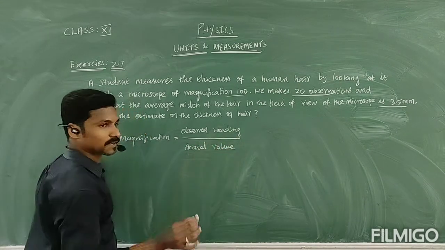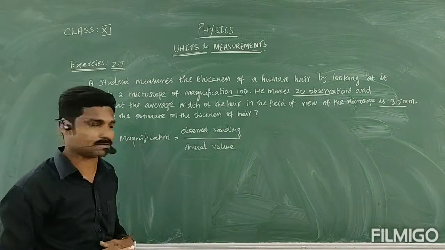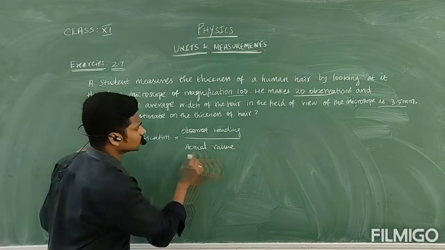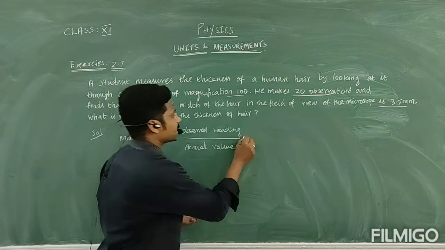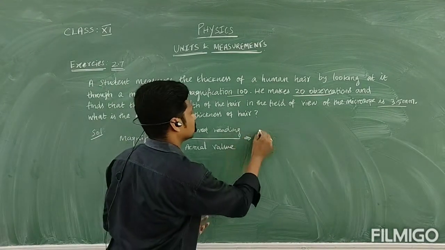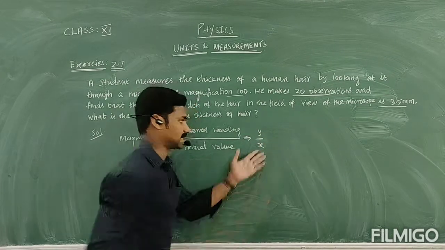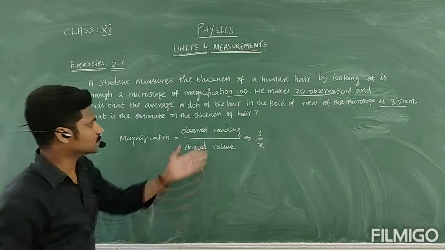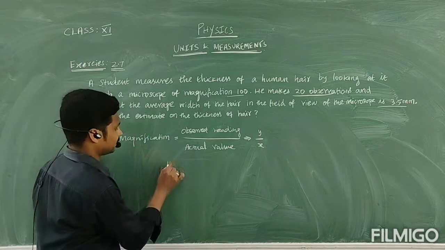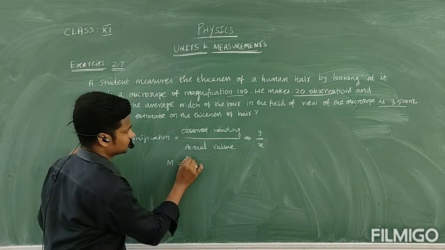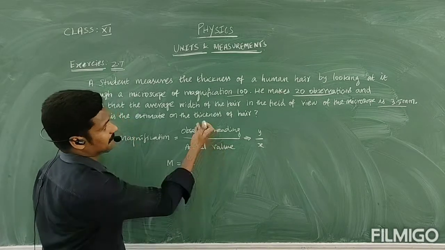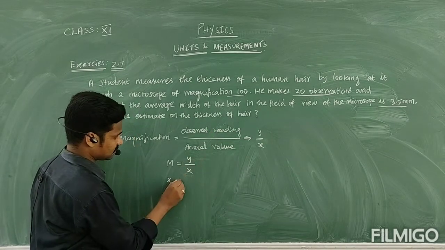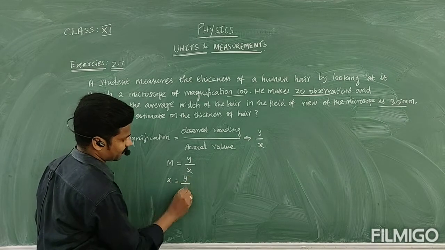Here they are asking for the actual value only. So simply I can write this as y divided by x, and x is the value I need. So in this question, magnification is equal to observed reading divided by actual reading. Actual value is only asked, therefore actual value is equal to y divided by magnification.